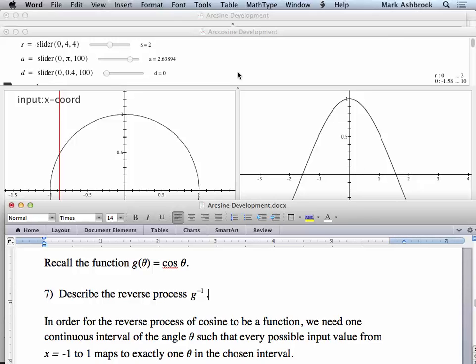So it would take the horizontal position to the right of the vertical diameter and the radius lengths, and it would give out the angle swept counterclockwise from the clockwise. Okay, good, excellent.